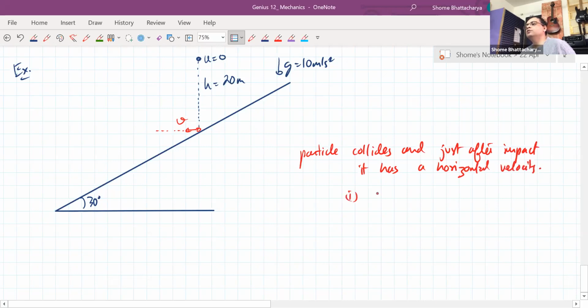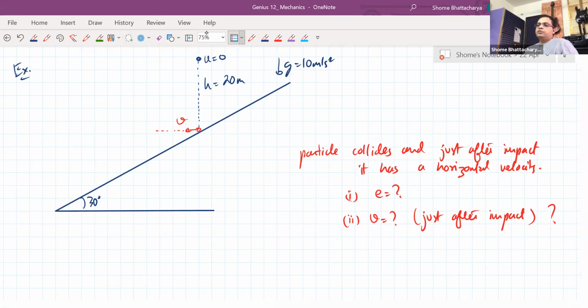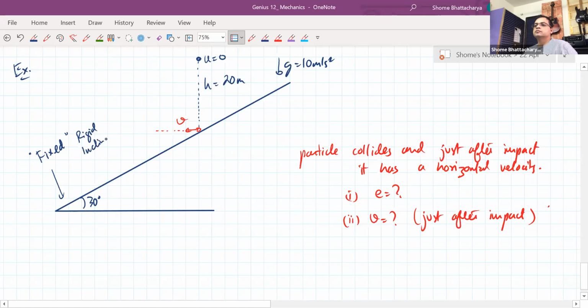First of all, we have to find the coefficient of restitution, and we have to find the velocity just after impact, how much this is. In this, we will be using the concept of collision of a particle with a rigid surface. This is a fixed rigid inclined plane. So this should be fairly easy.